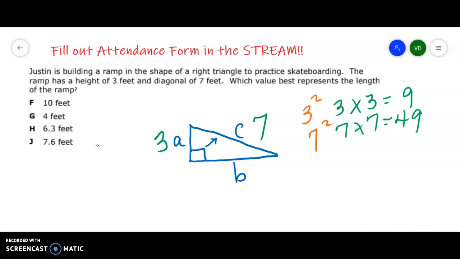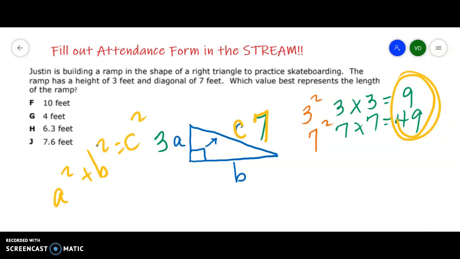But remember, if you have side C, then you're going to have to subtract these two numbers. Instead of adding them like we're used to, the easier way, it's easy to just add them, get whatever we're missing, and square root, because my formula tells me that: A squared plus B squared equals C squared.